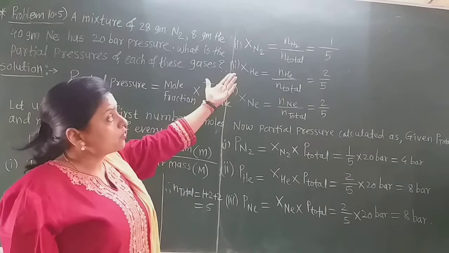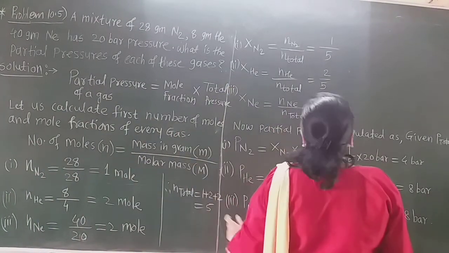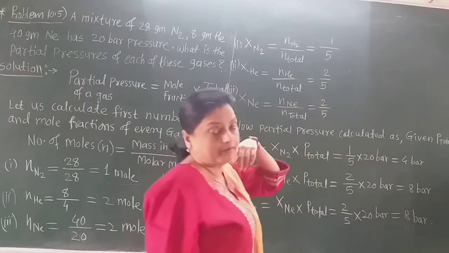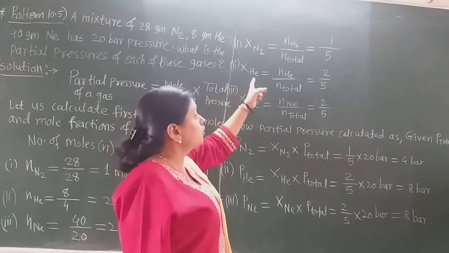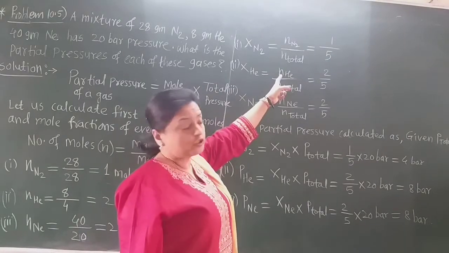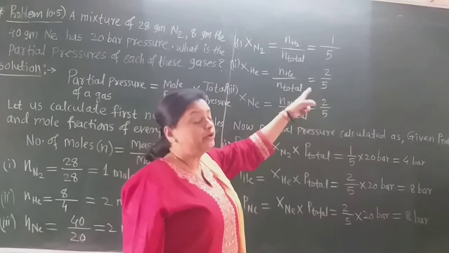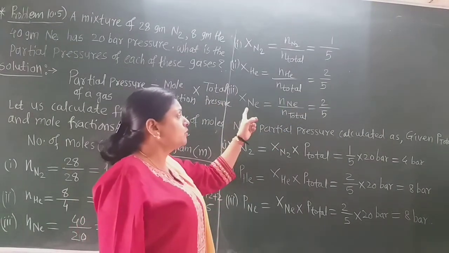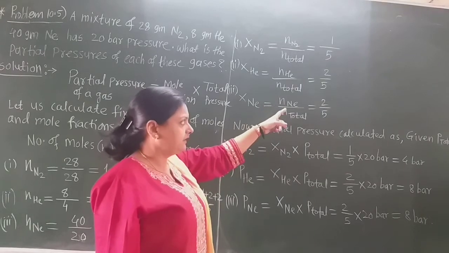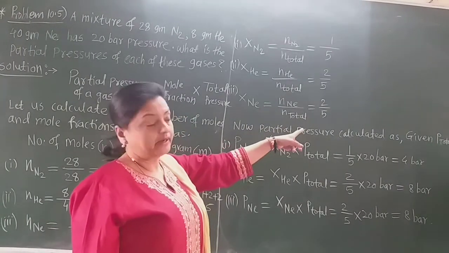The number of moles of nitrogen is 1 and the total number of moles is 5, and therefore 1 divided by 5 is the mole fraction of nitrogen. The mole fraction of helium is the number of moles of helium divided by total number of moles: 2 divided by 5. And the mole fraction of neon is n Ne divided by n total, that is also 2 divided by 5.